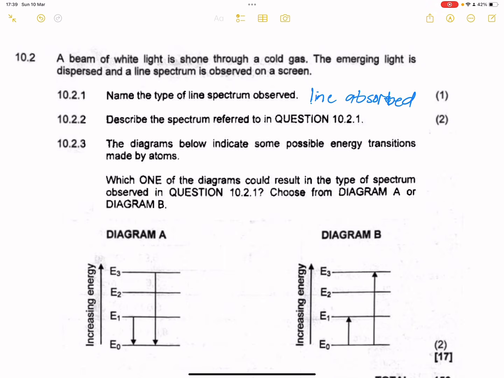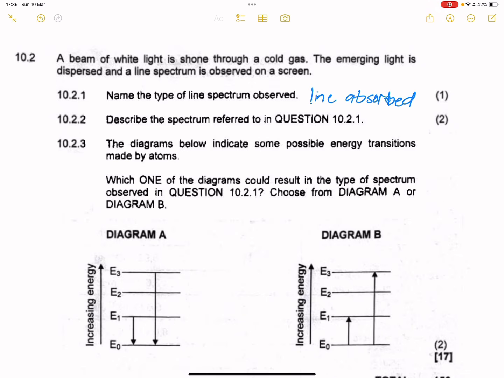Now in 10.2.3, they say to us the diagram below indicates some possible energy transitions made by atoms. Which one of the diagrams could result in the type of spectrum observed in question 10.2.1?